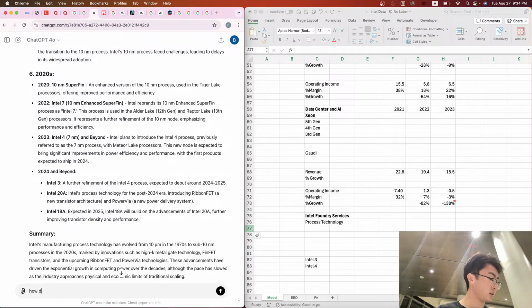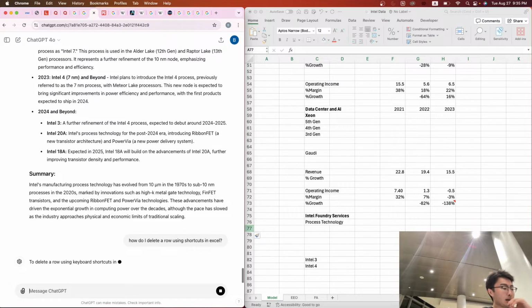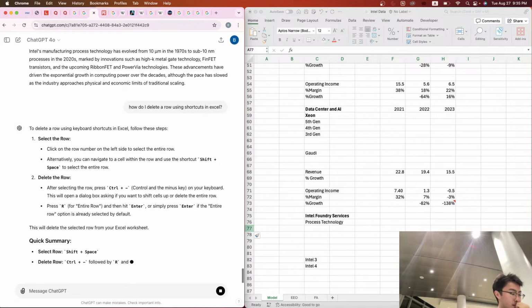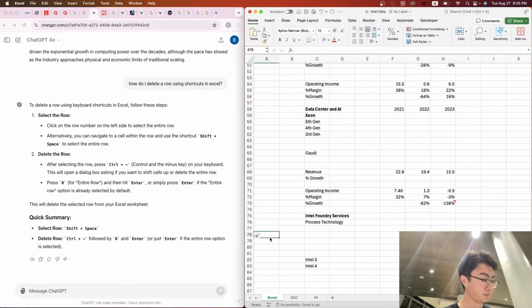How do I delete a row using shortcuts in Excel? Let's see. Control plus minus. Control plus minus. Oh, okay.